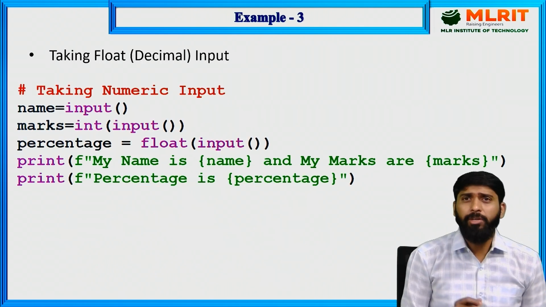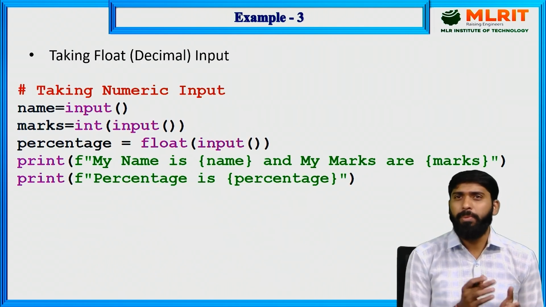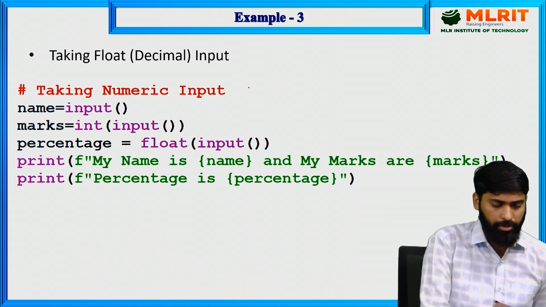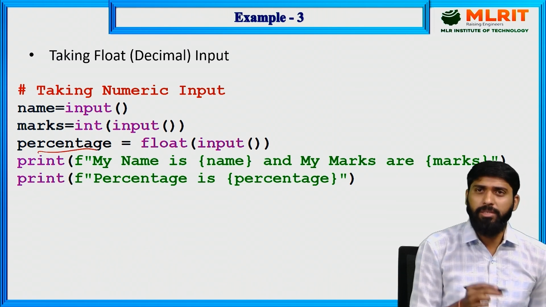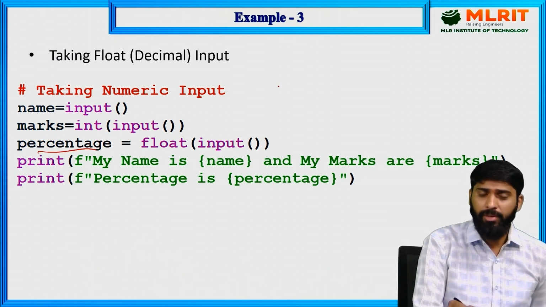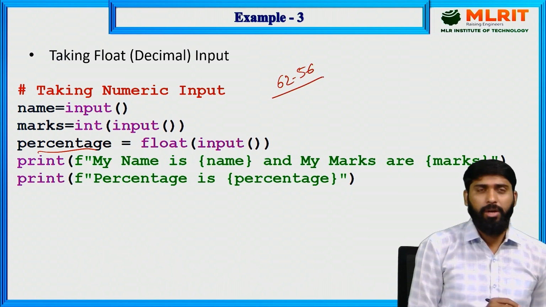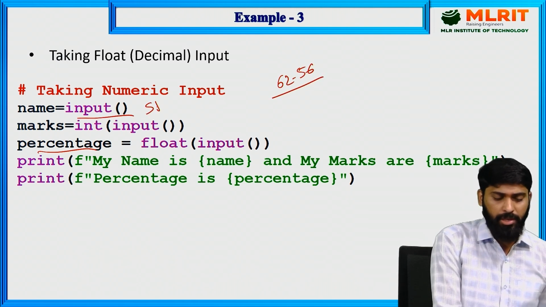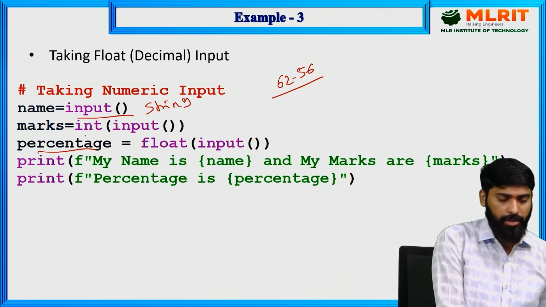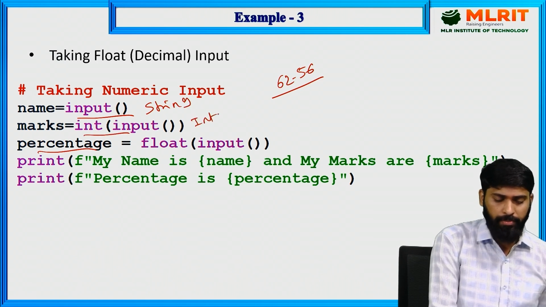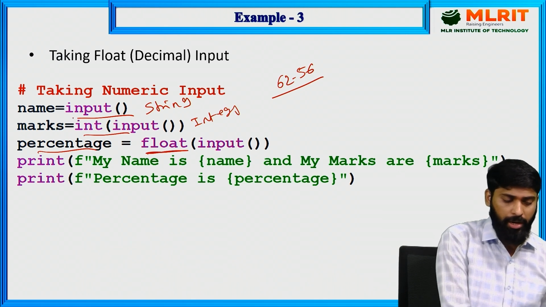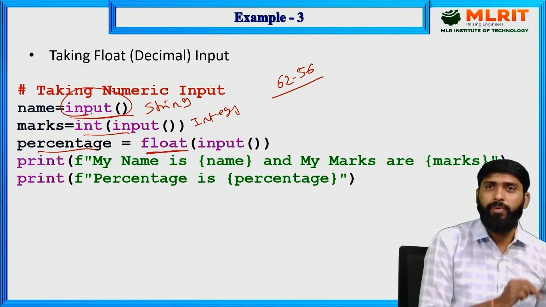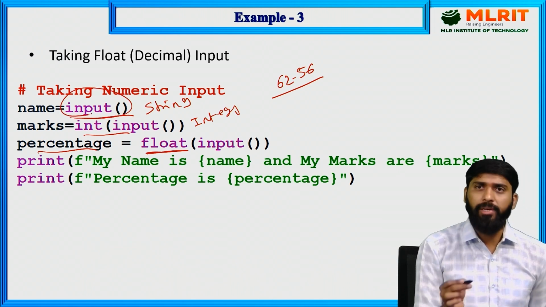Coming to example 3, it is similar to the previous example only. Here I am going to take the percentage. So percentage in the form of float, for example 62.56. Now the name is a string, marks are integer, percentage is float. So here I am not using any function to convert the name. Why? By default it is a string.